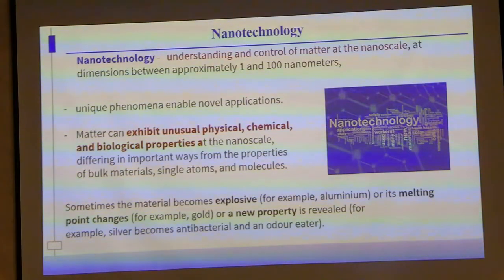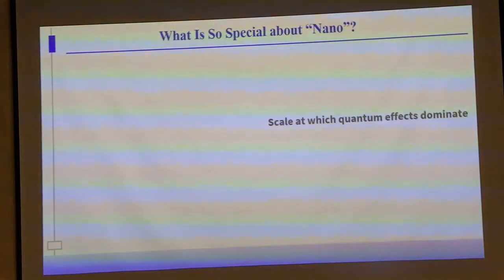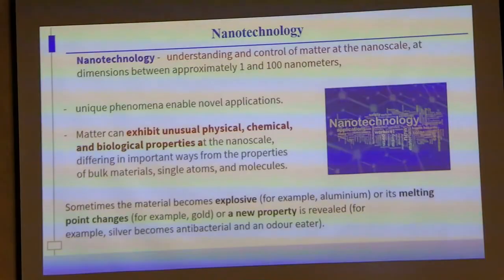And some of the properties, like for example, when we have aluminium, you just decrease the size of aluminium, it will be explosive. Melting point can change. Like for example, gold.